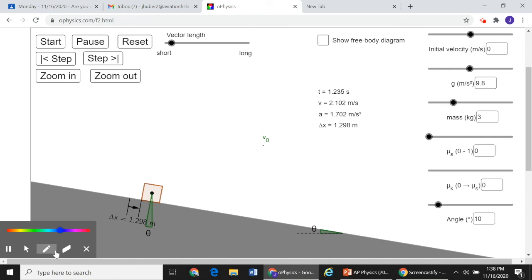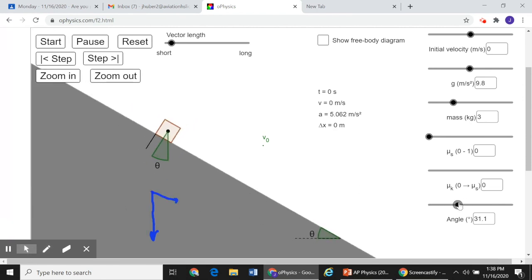But what we can see here is that part of the weight does act down the incline. And so notice here, even though this vector is straight down, we can say that part of it acts in a direction down the incline, which we can see more and more as we continue to raise the angle.